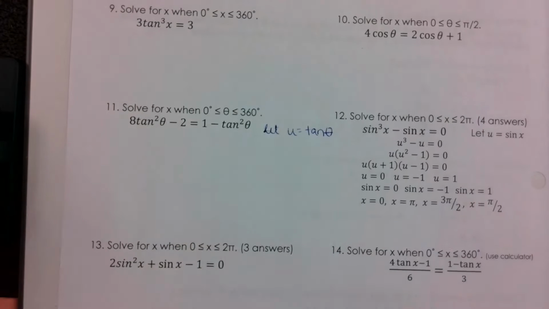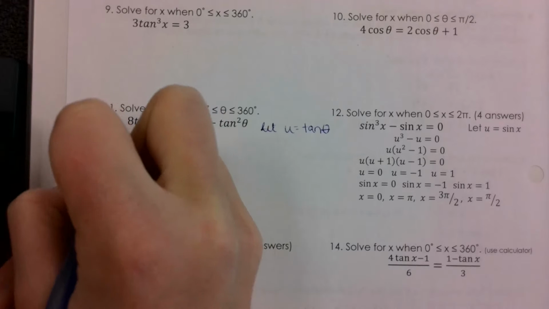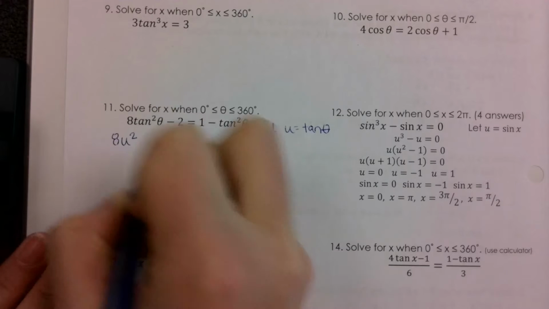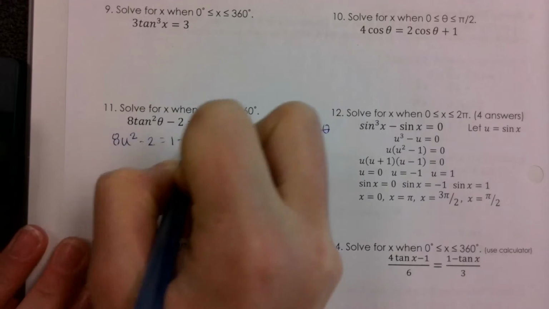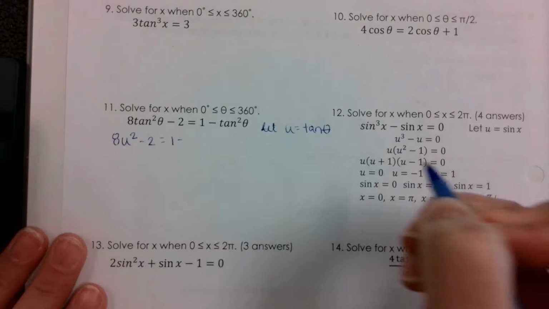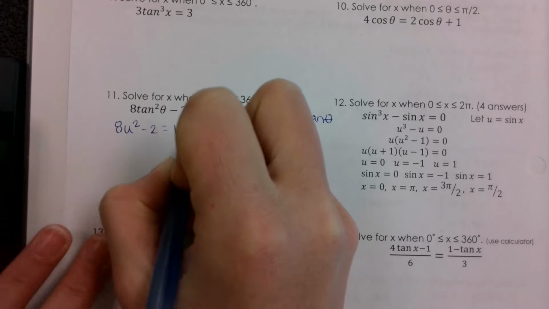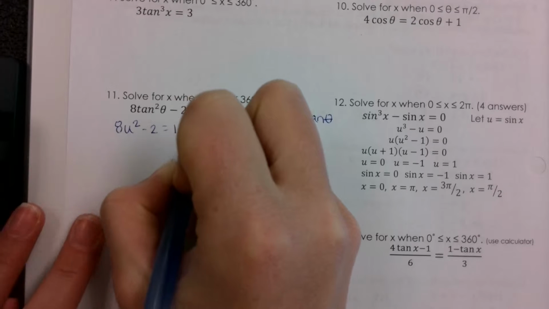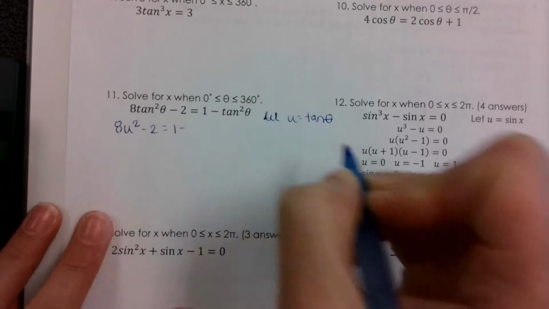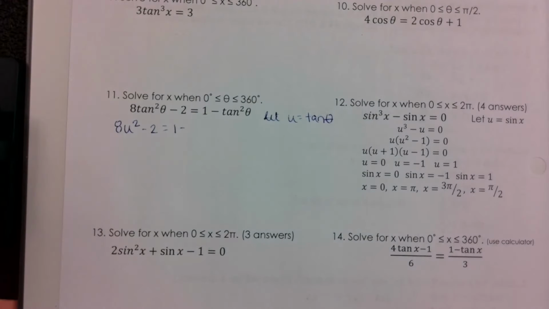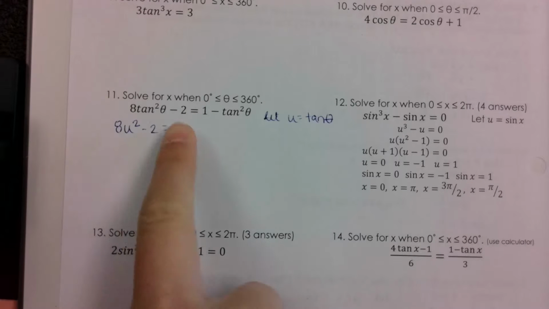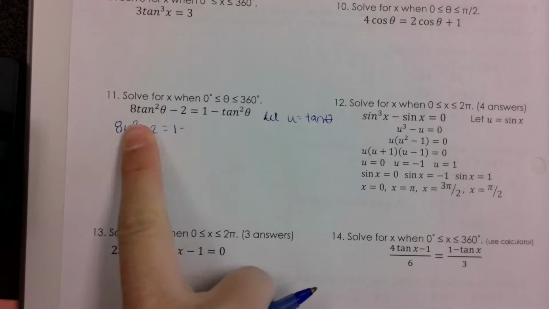So we're going to have 8u squared minus 2 equals 1 minus, no, don't do that, because we're going to factor. Did y'all hear what he said? He said, why can't we just write it as u being tangent squared, because we have that going on for both of them.